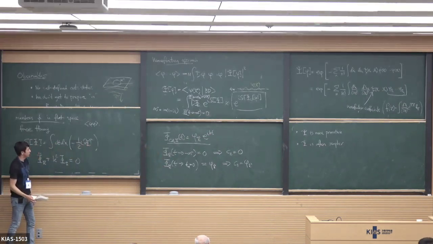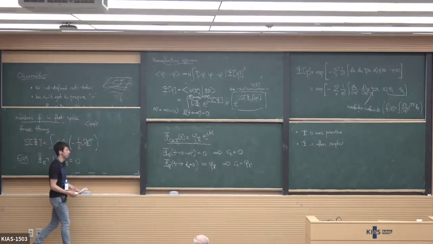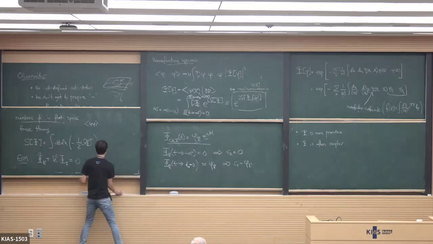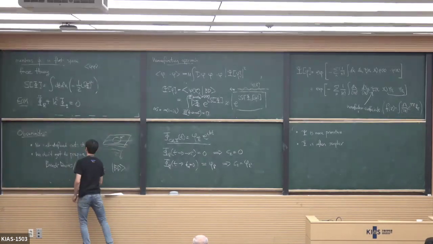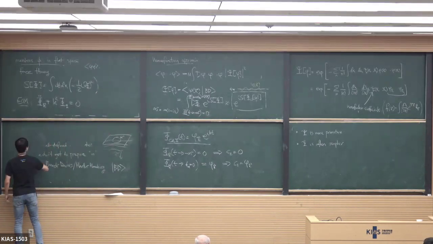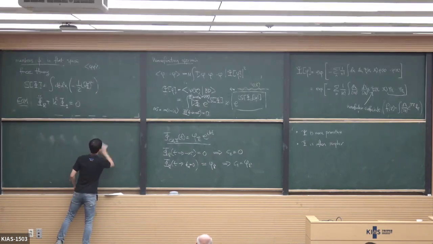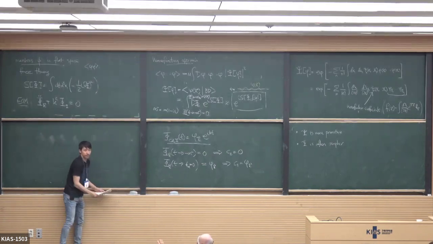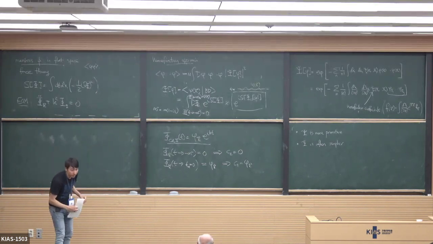Okay, so what we want to do now is to basically substitute that solution back to the action to get the classical action. Okay, so let me do that here. Yeah. About the initial, the boundary condition?